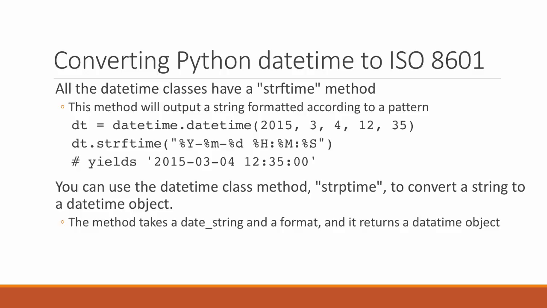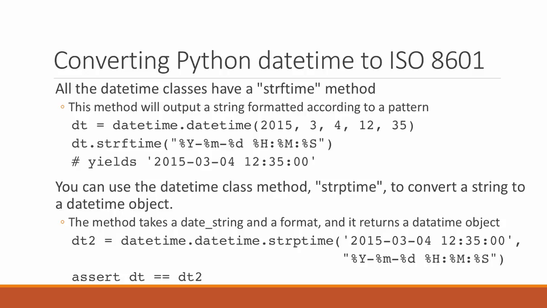They also include a strptime to convert a string to a datetime object. So if you're given an ISO 8601 string, you can use this to get the appropriate datetime. It takes a string in ISO 8601 and a format, the same format that's actually up above, and it gives you a datetime object. So what does that look like?